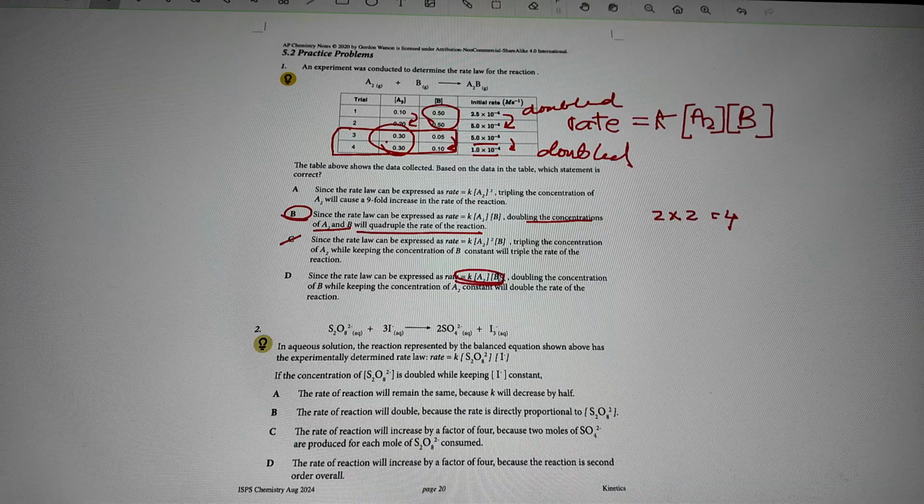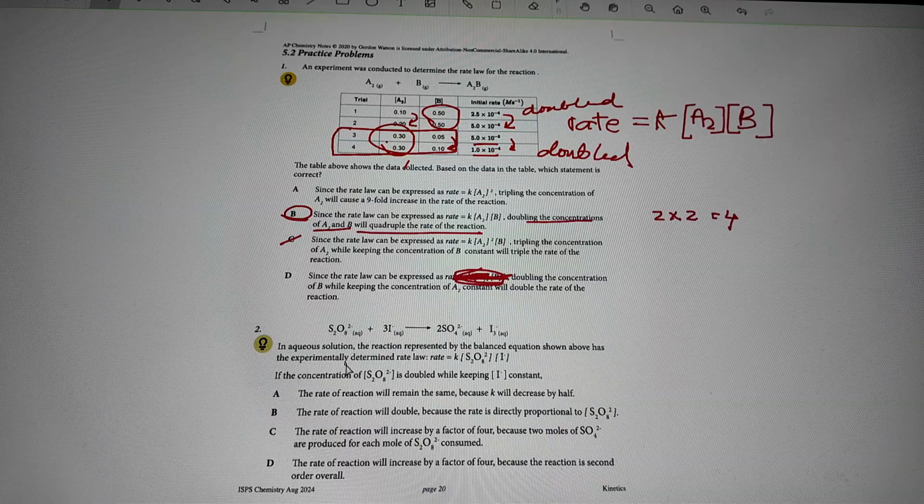Doubling a first order reactant doubles the rate. If both are doubled, it creates a fourfold increase. This one was written wrong, but the rest of this is right. Doubling the concentration of B while keeping A2 the same is what we did here, and it will double the rate of reaction. But the correct answer is B, because, anyway, I explained this.